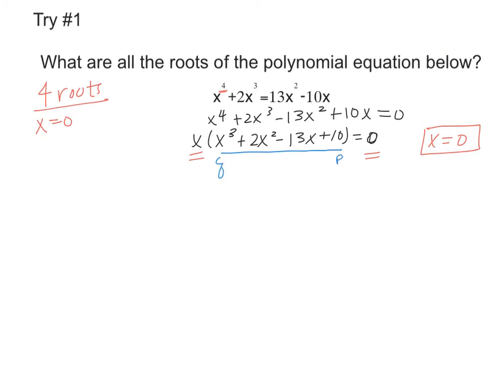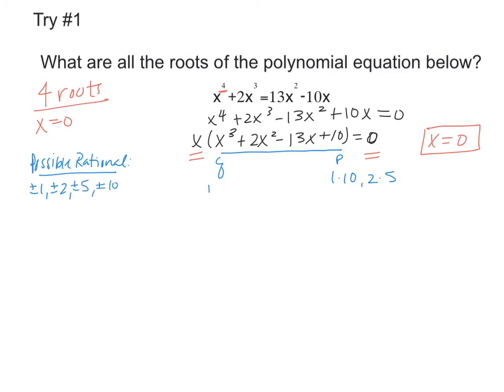The factors of 10 are 1 and 10, 2 and 5, and they are over 1. So the possible rational roots are plus or minus 1, plus or minus 2, plus or minus 5, plus or minus 10.